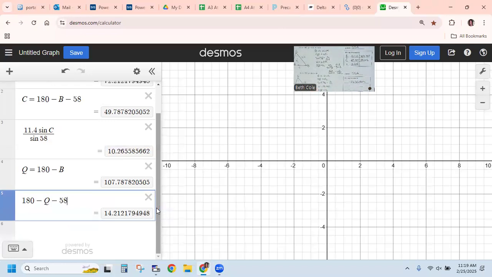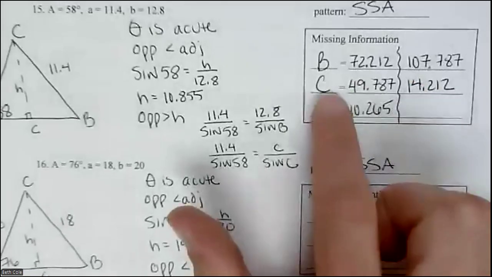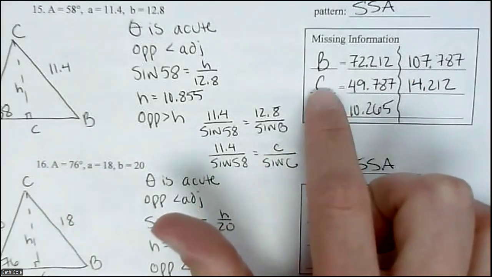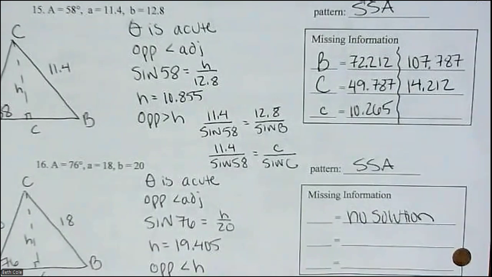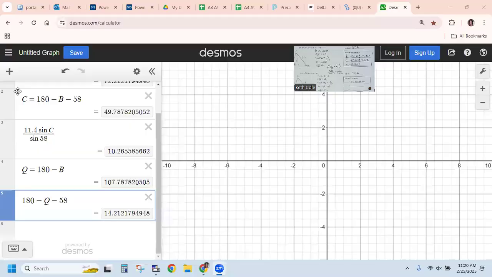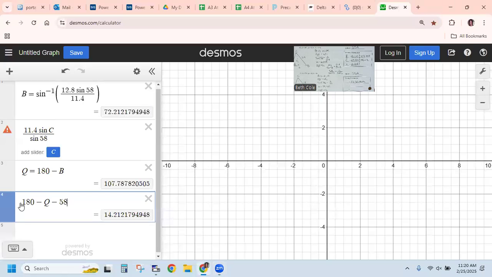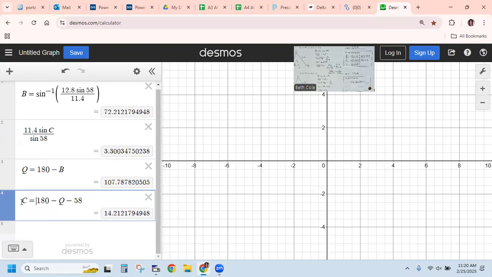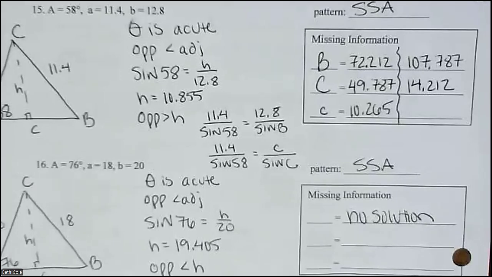Now watch what I'm going to do here. I want that to be stored as C. Do you see that? I want that to be C, but I've already used C. So I'm just going to delete this, and then I can store this as C. Okay? You just can't store two things as the same letter.